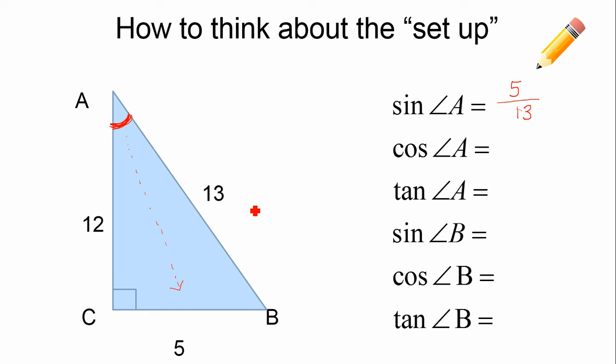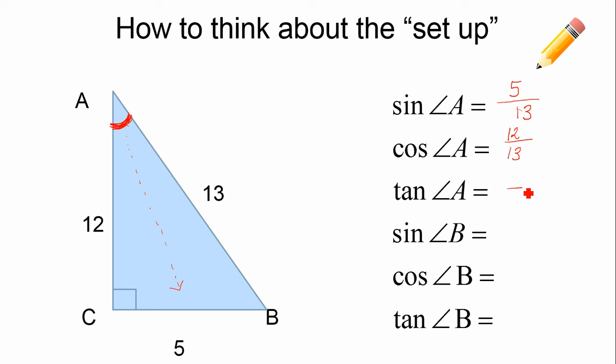Now let's look at the cosine of angle A. I'm still talking about angle A as my reference, but the cosine is the adjacent side over the hypotenuse. The adjacent side is the side right next to this angle, or a side that's making this angle. Now 13 is the hypotenuse, so let's look to the other side here. The adjacent would be 12. So 12 over 13, or 12/13.